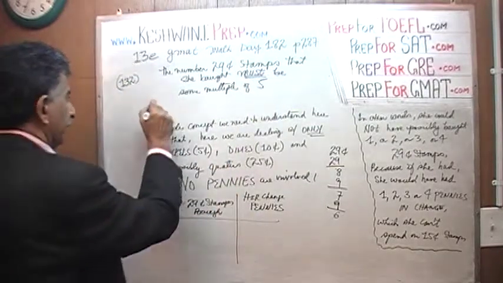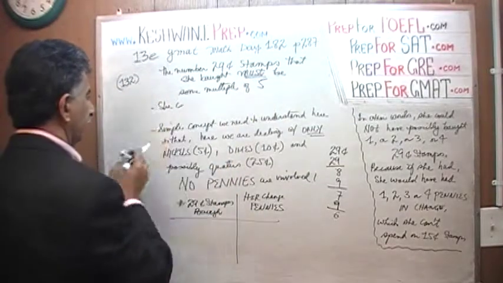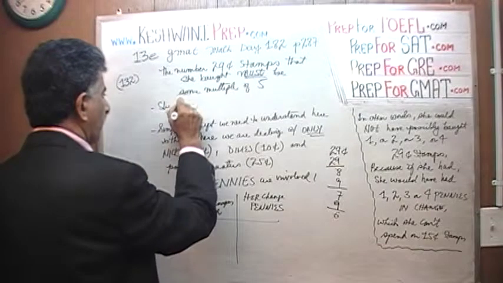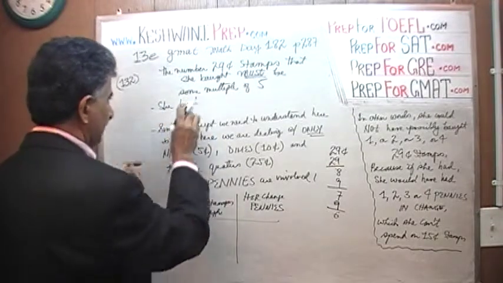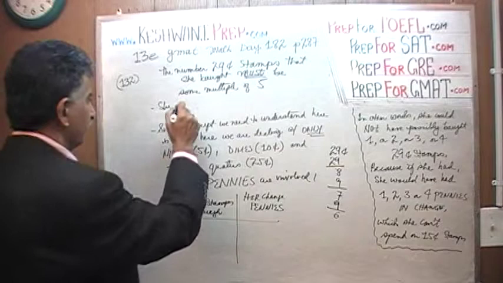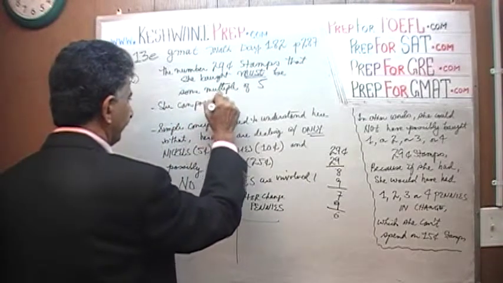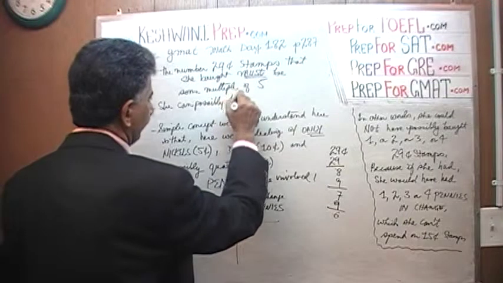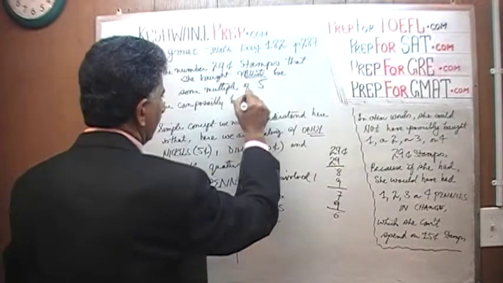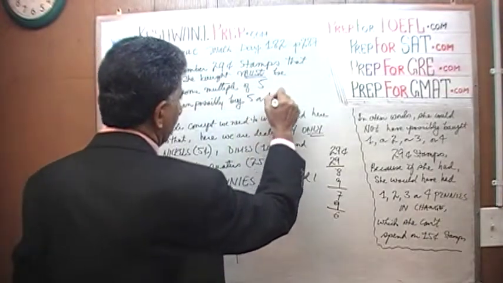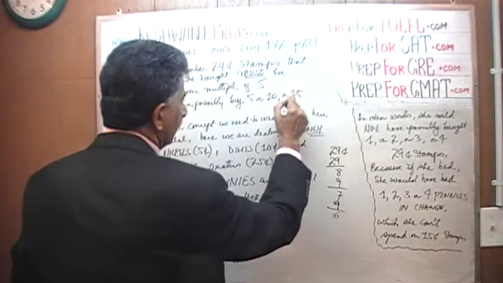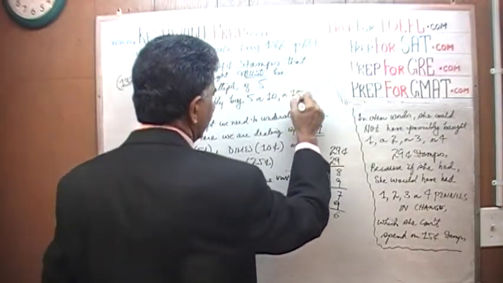She can possibly buy, I should qualify that, she can possibly buy 5 or 10 or 15 29-cent stamps.